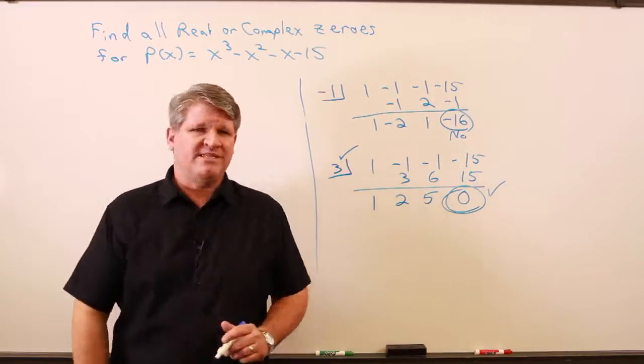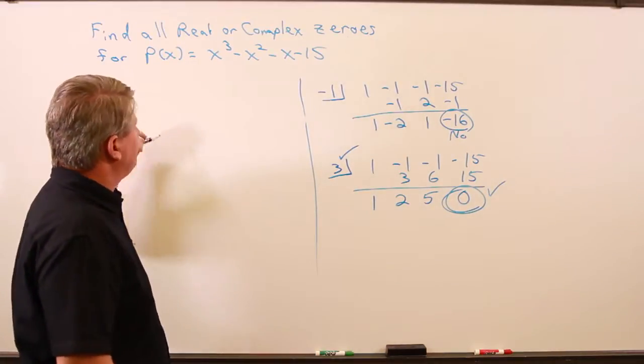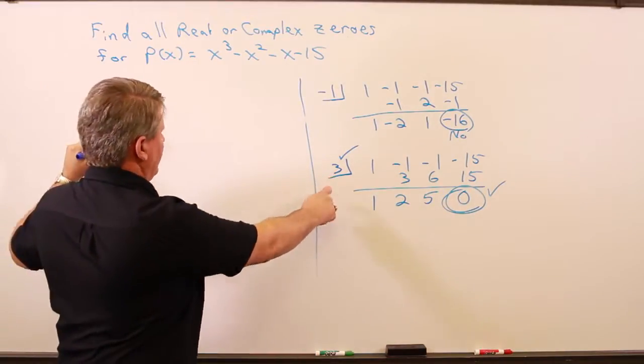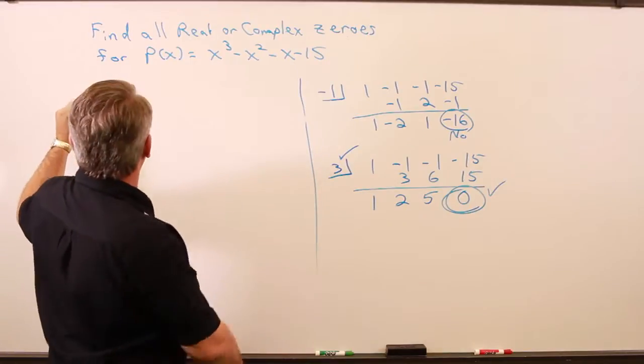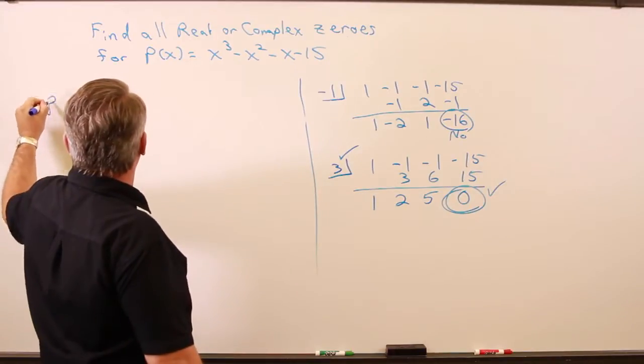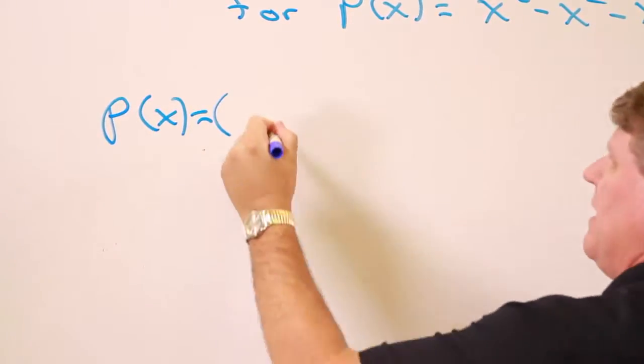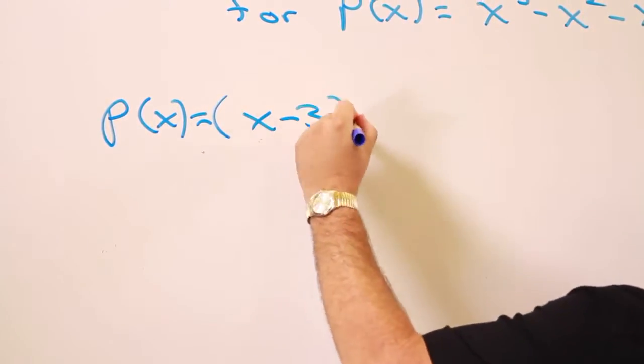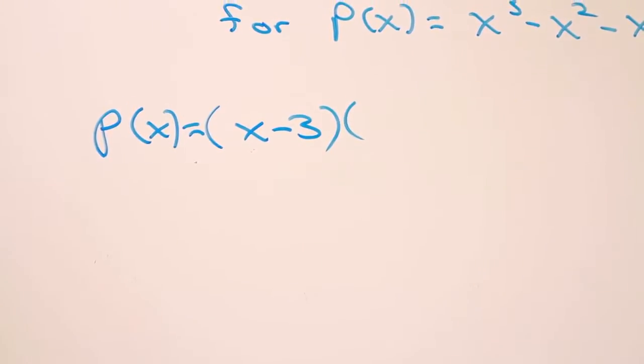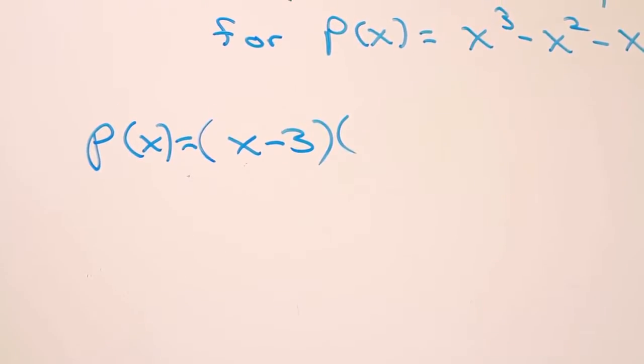Our factor theorem says that if I can divide by 3, then my polynomial will be equal to x minus 3 times the quotient of my division problem.